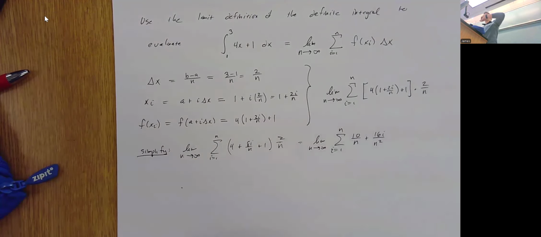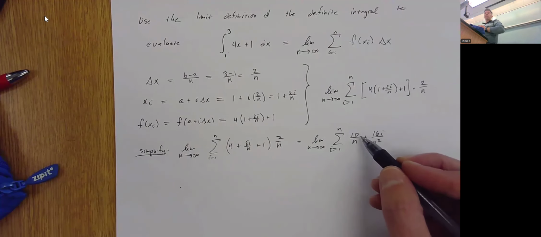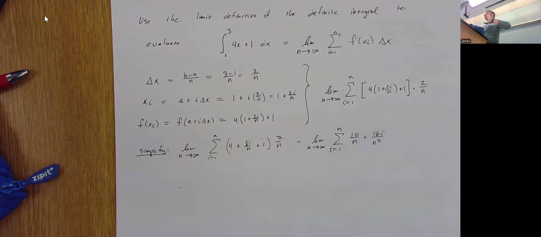I stop and check: do each of my fractions have a power of n that is one larger than the power of i? Is it n squared, i to the first? Check. n to the first, i to the 0th? Check. So I'm good to go. That's something you always want to make sure is true because otherwise things don't work out.